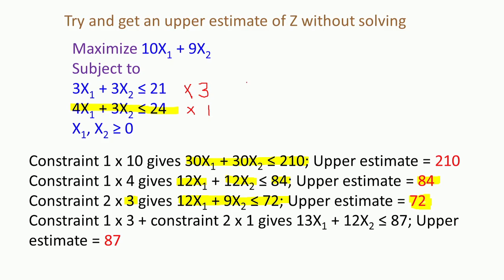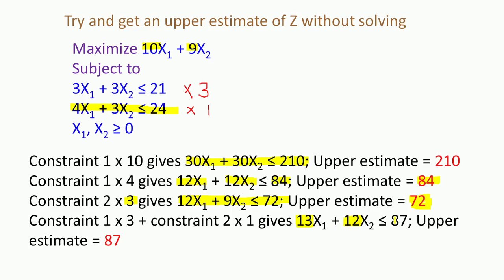We get 3 into 3 9, 9 plus 4 13 as the coefficient for x1. Now 3 into 3 9 plus 3 12 as the coefficient for x2. Now this 13 and 12 are greater than or equal to this 10 and 9 respectively.